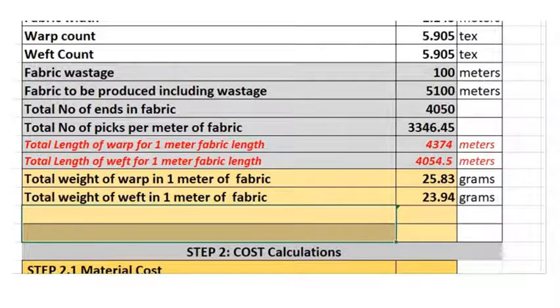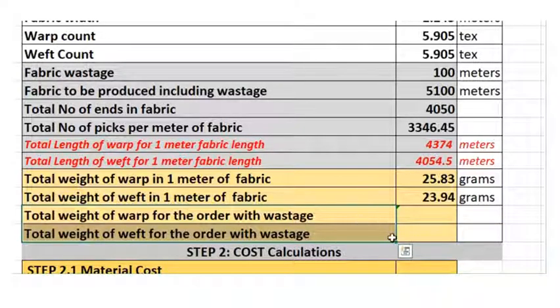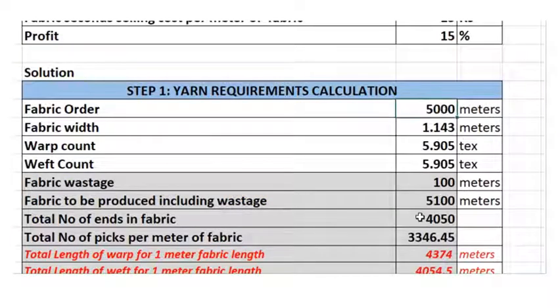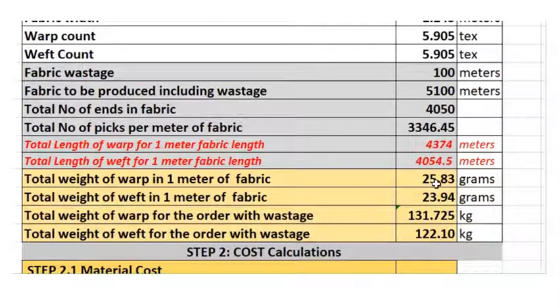So we can calculate the weight of warp for this order. So it is in kgs. So the grams divided by 1000 into the order quantity. 5000 into 25.83 divided by 1000, we will get the warp yarn requirements.